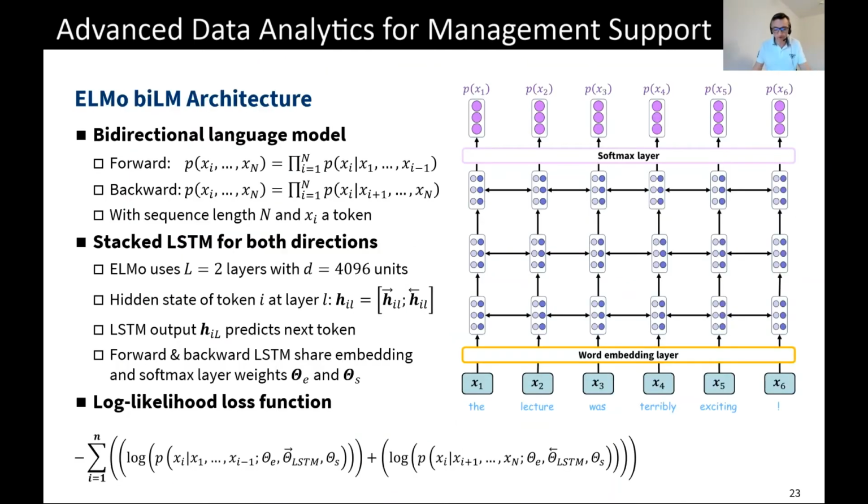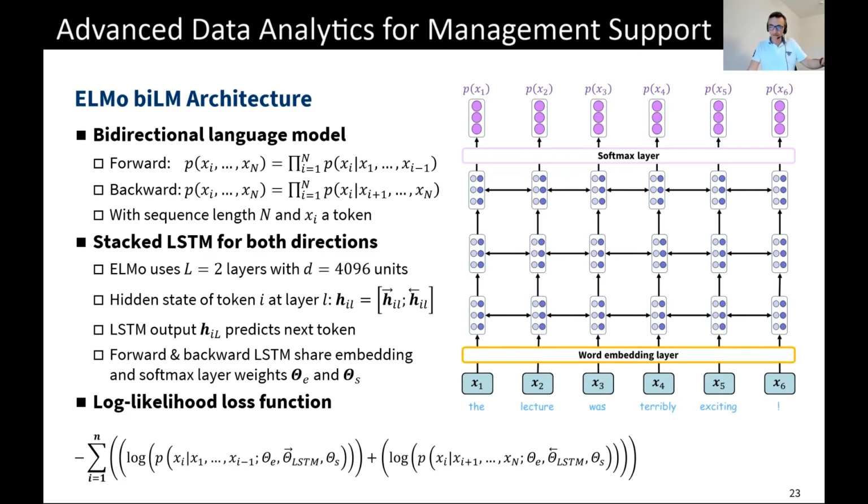Let's be a bit more formal here. I'm trying to familiarize you with some of the notation that you will find in the paper, should you consider reading the paper, which I was recommending to you. We have our bidirectional language model with its forward path and the backward path.